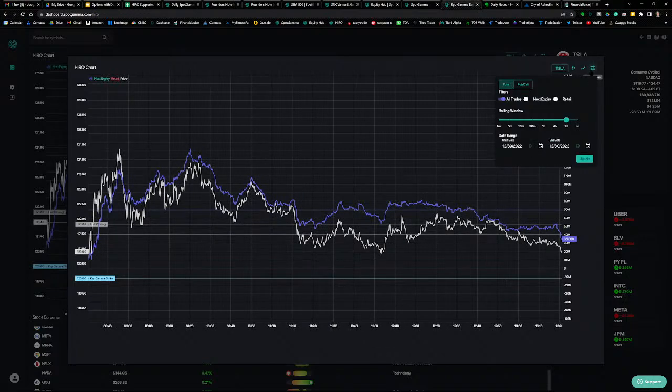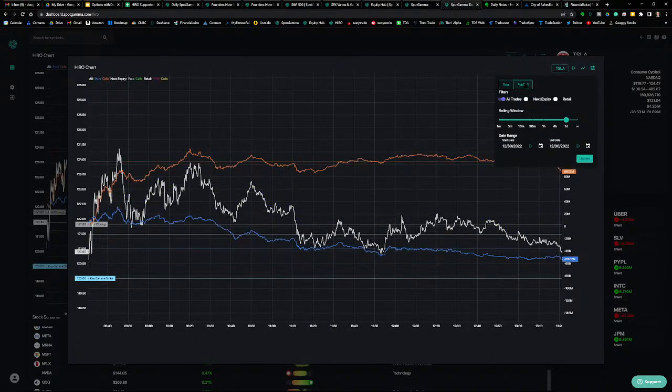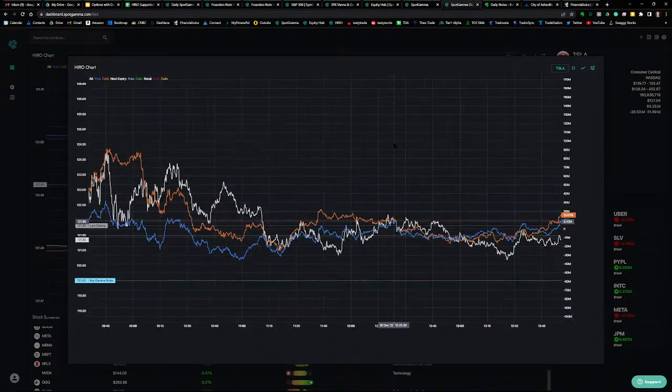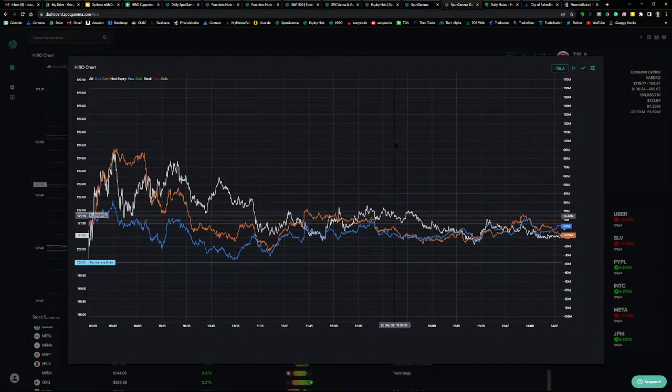Let's see if we can gain any information by looking at puts and calls. So it really looks like, at least right now, I'm going to change this to see if that adds any more clarity. And yeah, it does.